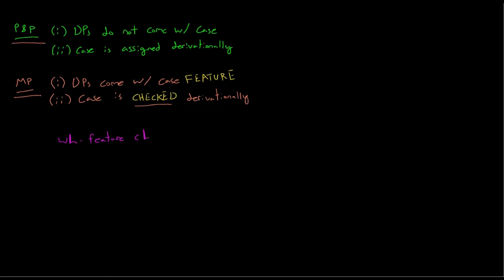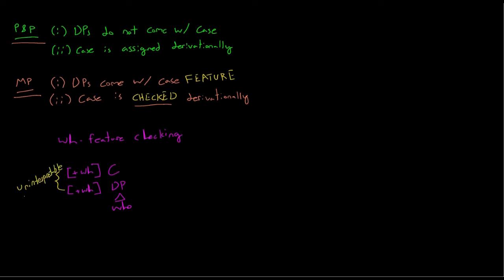Remember that we said that there's this plus WH feature on C, and there's also a plus WH feature on a DP like who, and that these features are uninterpretable.